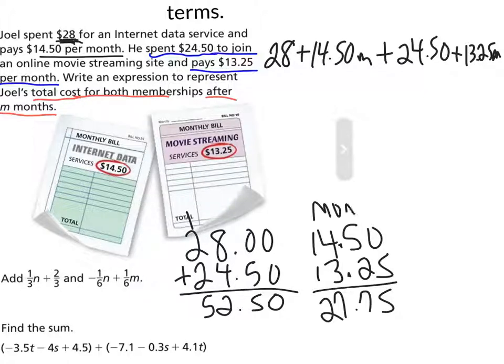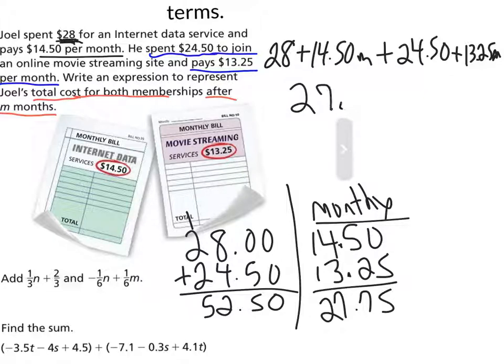So these are monthly fees, and then the other ones are just one-time fees. And so we've got altogether $27.75 a month, so $27.75m plus $52.50.